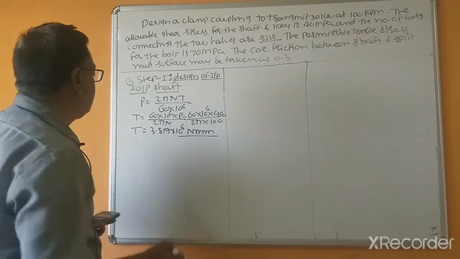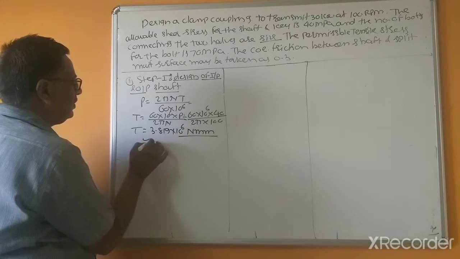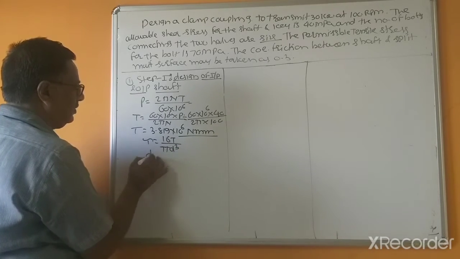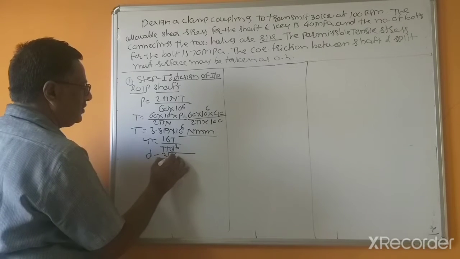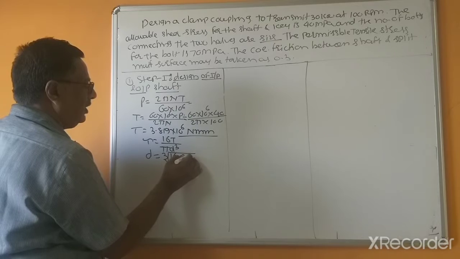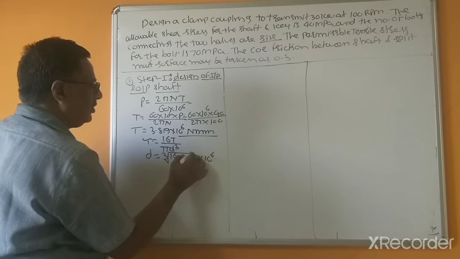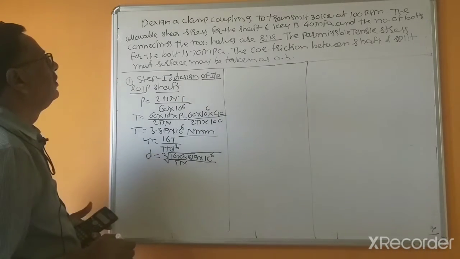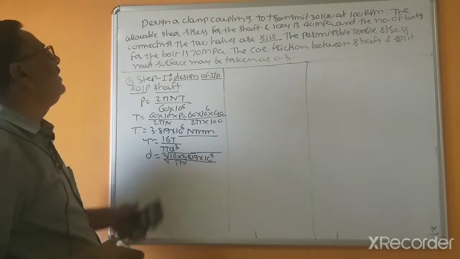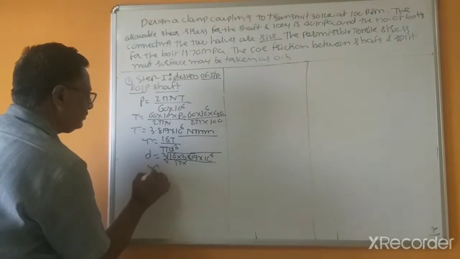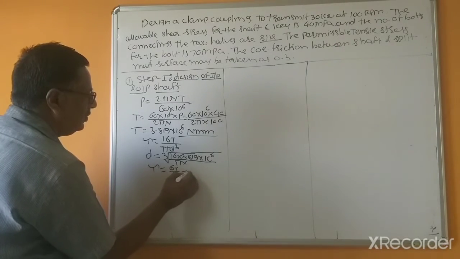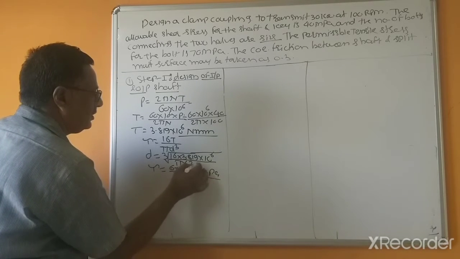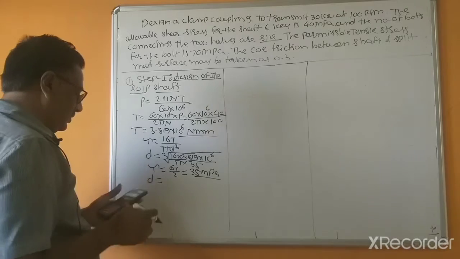This unit is important. Now by using the well-known formula for solid shafts, D equal to cube root of 16 into 3.819 into 10 to the power 6 divided by pi tau. Tau for the bolt is 70, so sigma t divided by 2, we can consider 35 megapascals.